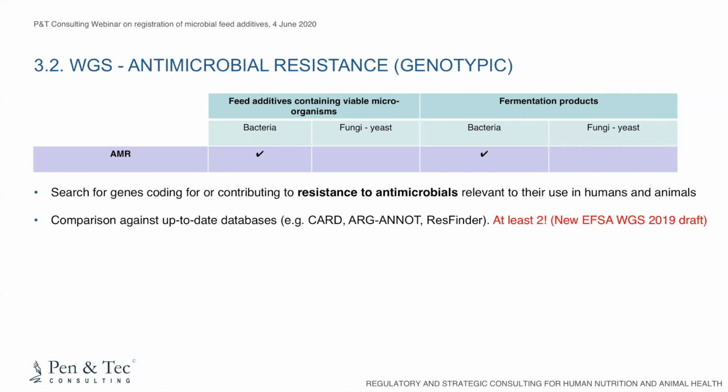So even though the use of 2 databases is not required according to the 2018 current guidance for feed additives, we do recommend following this approach. It may also be helpful towards the interpretation of the results.